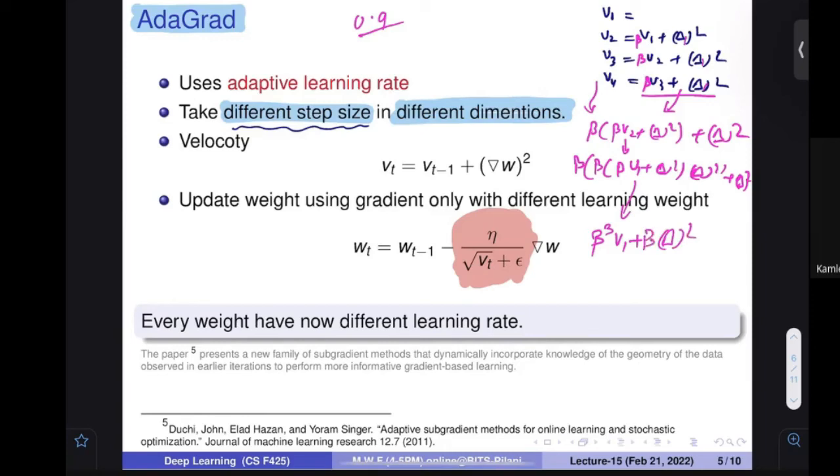You can see that it is beta cube, beta square, plus beta times delta, previous delta 1, delta 2. Should I write the formula in the correct way so that it makes more sense?